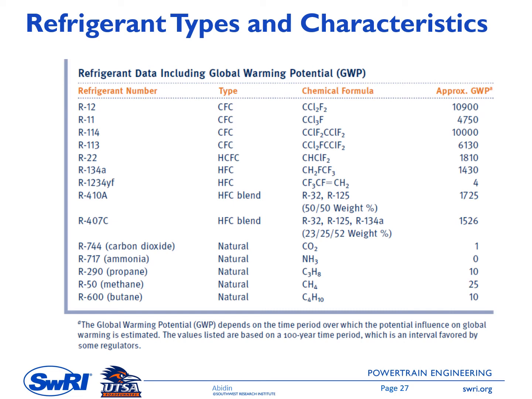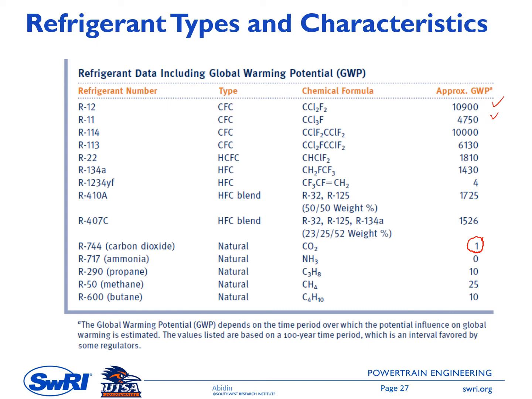As the reference, we have CO2 with a global warming potential number of 1. So for R12, the potential for global warming is about 10,900 times the one for CO2.